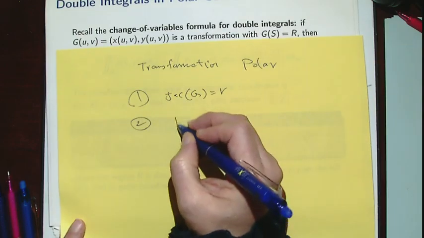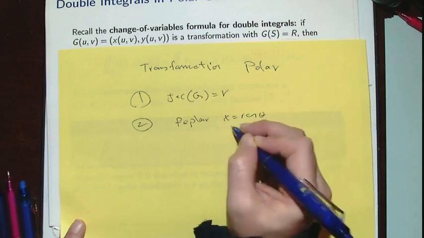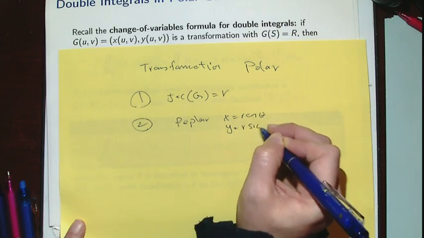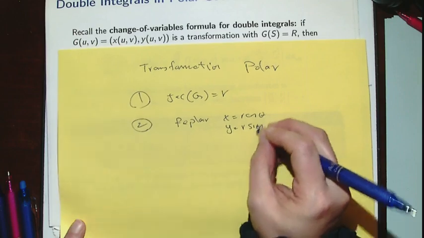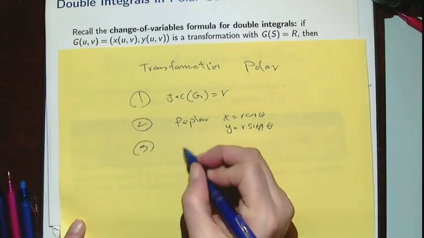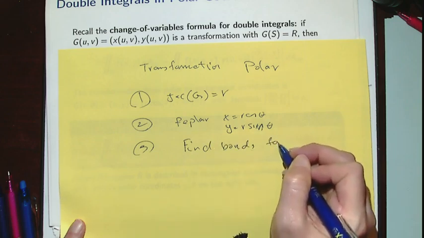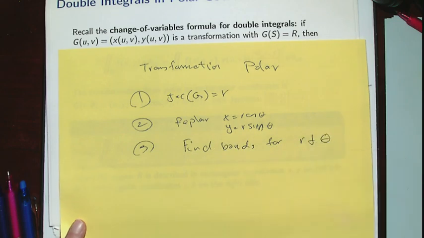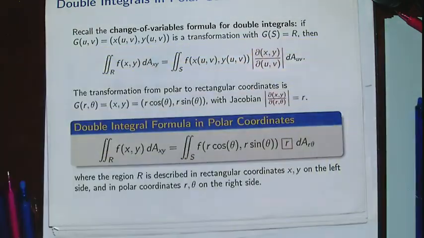Two, replace x with r cosine theta, and r sine theta for y. What's the last part? Three, find bounds for r and theta, not for x and y, for r and theta. Fair game so far? Example time?